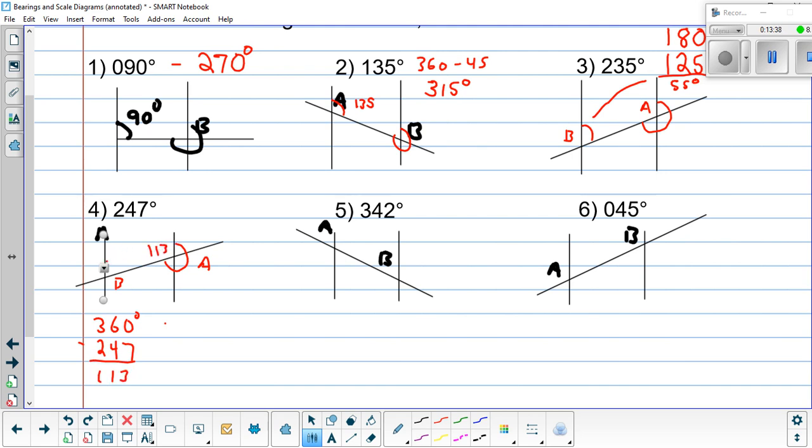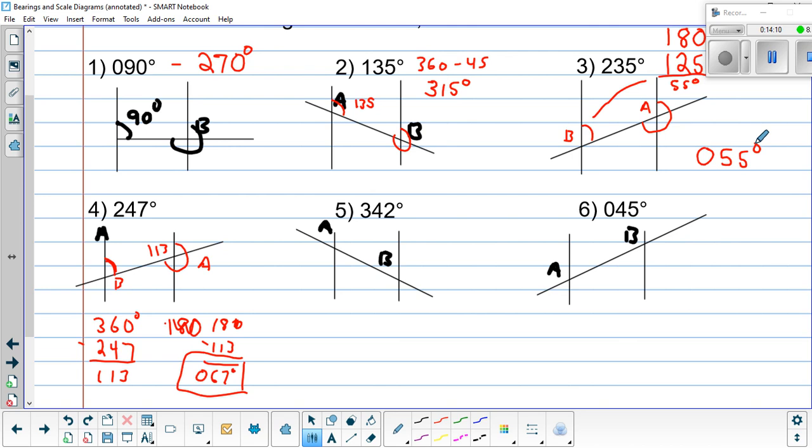Okay, but we want this, right? So we have to do 180 minus 113, and we'll get the result as 67 degrees, or 067, keep in mind, 3-digit. And actually the last one, 055.